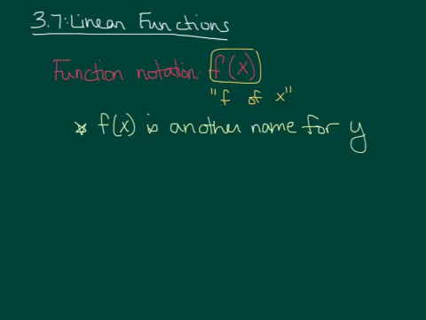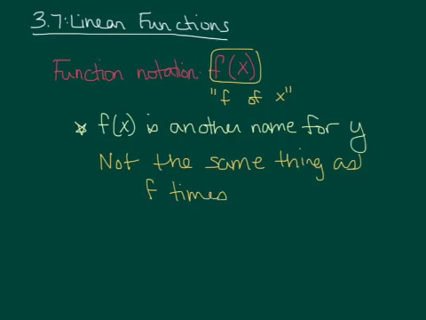And the number one mistake I see is that this is not the same thing as f times x. So please, please, please don't think that parentheses means times. Function notation, like I said, is a fancy way to write your variable y.